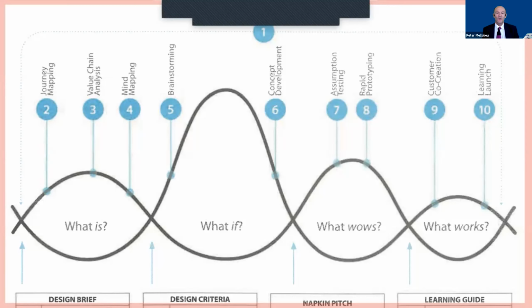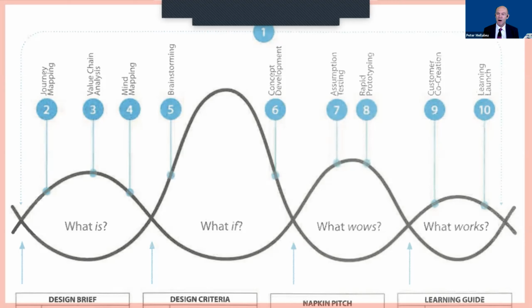Then, after we've created a whole lot of bright ideas, we go through concept development, tool 6, which is, well, okay, we've got a lot of crazy ideas here. Which are the ones which are worth examining? What's going to work, and how do we test that? So then we move into the what wows phase. We test our assumptions. We build prototypes, rapid prototyping. We test out, well, would people use this?